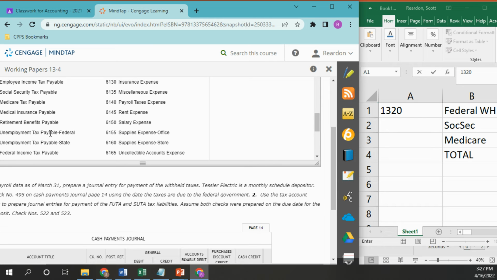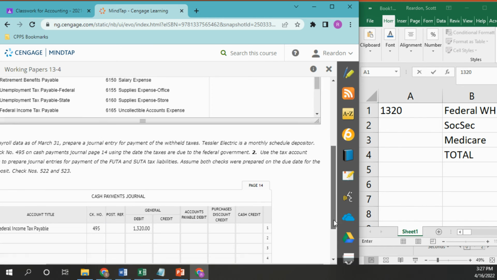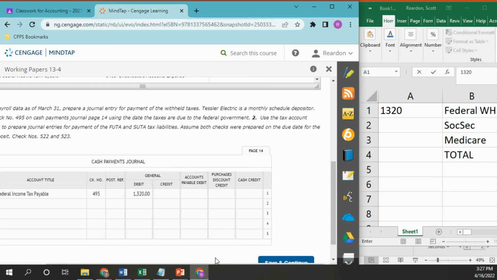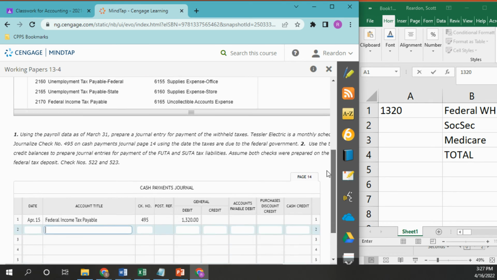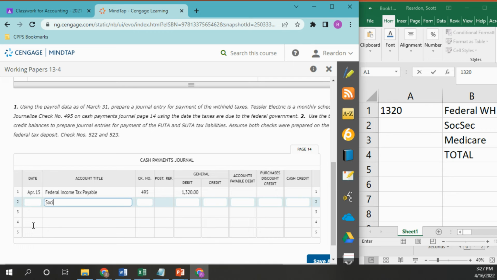Federal income tax payable. There we go. Okay. So going back. Oh wait, that's unemployment. Sorry, I'm off here. Sorry. Social Security. There we go. I'm back. Social Security tax payable. Whoops, let's spell it right.